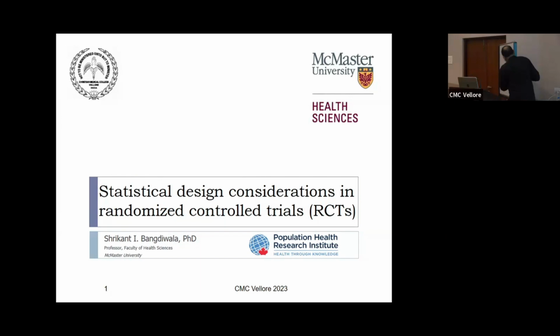And what would happen was that back before the days where you had to register your protocol, people would say, we designed our study to be one-sided 0.05, and we got a good result, but they actually had designed it two-sided, but they changed their mind.